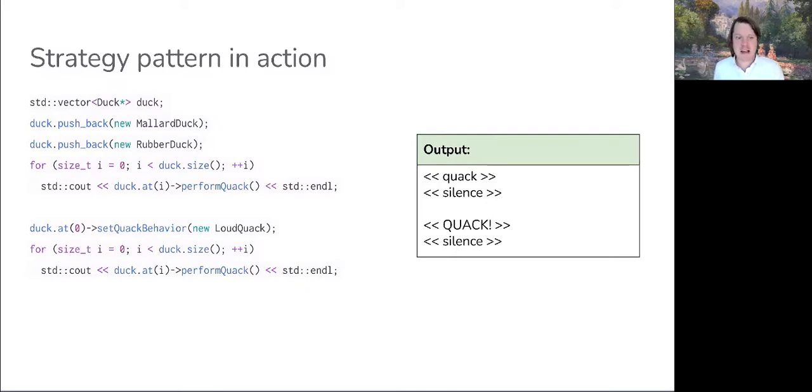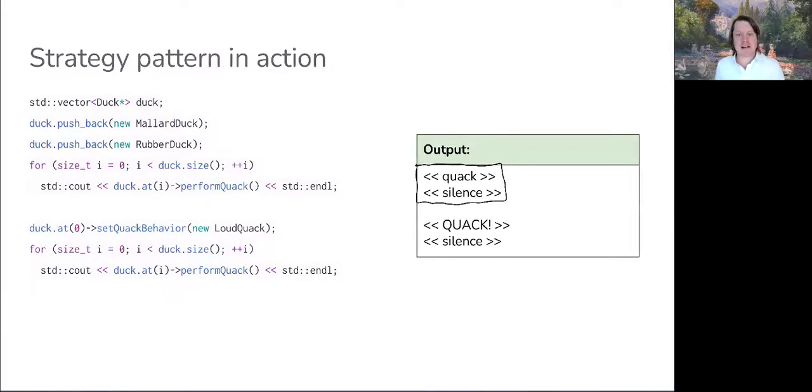And then we could go ahead and say for i is equal to 0, i is less than ducks size. Maybe I should have done a range-based for loop here. We can ask each duck to perform its quack. And we see quiet quack and silence.